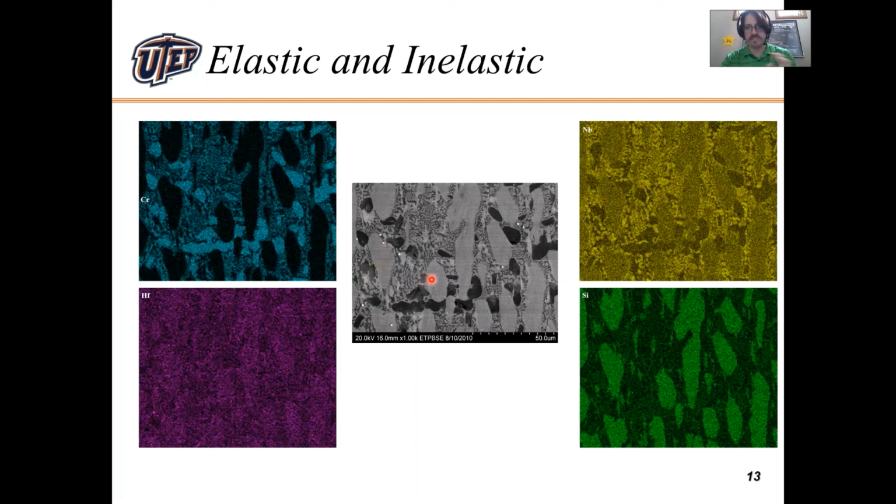We'll get into that in a little more detail. But these are X-ray maps surrounding it, so it tells you which element is living where on the micrograph. And X-rays are an inelastic process. So we have an elastic electron image and an inelastic X-ray map. You can use elastic and inelastic interactions at the same time to get the information you want.